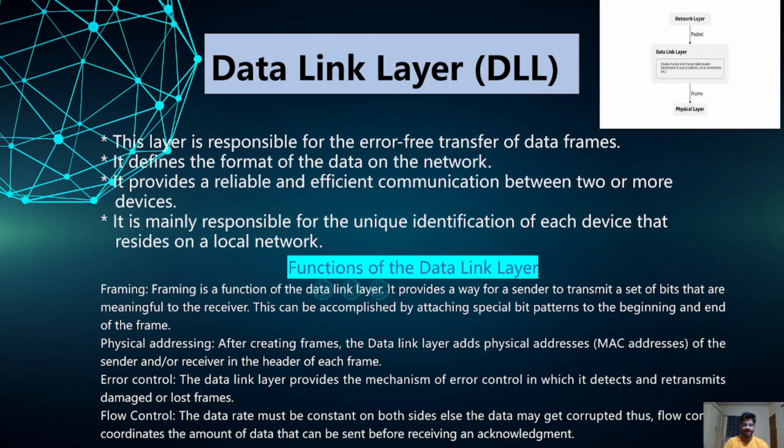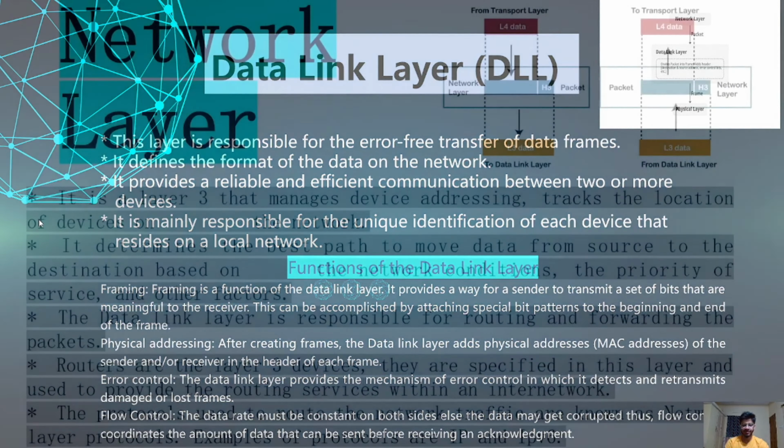Then we have access control. When two or more devices are connected to the same communication channel, the data link layer protocols are used to determine which device has control over the link at a given time.